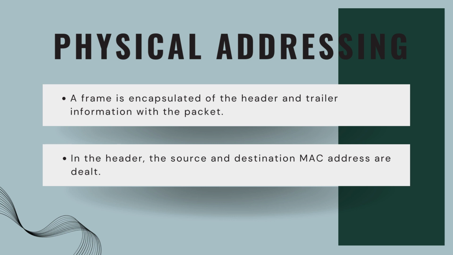Physical addressing is crucial because it allows data to be sent over the network accurately and efficiently. By including the source and destination MAC addresses in the frame header, the data link layer can ensure the data is sent to the correct device and is received by that device in its entirety.